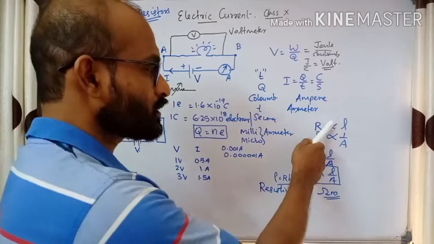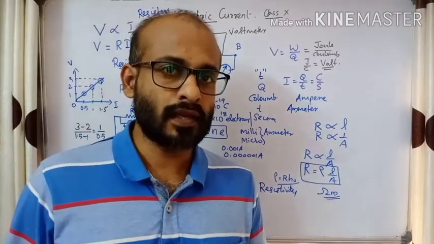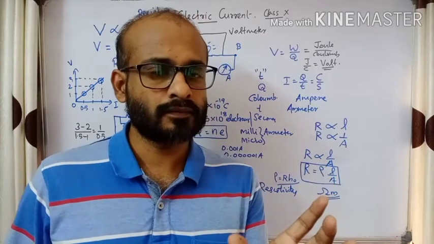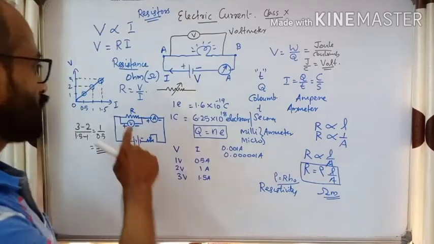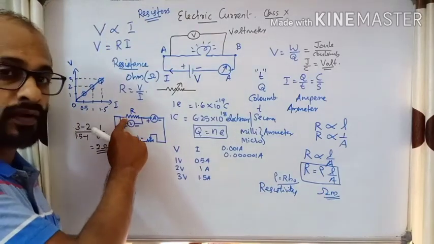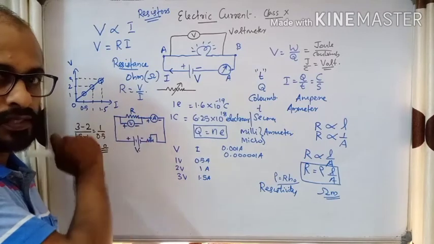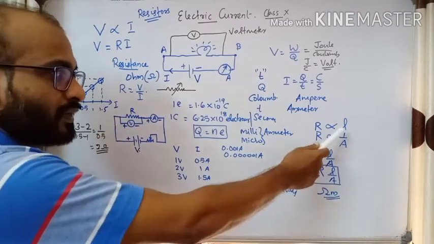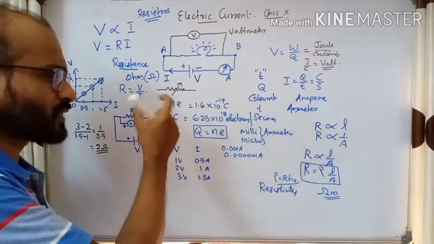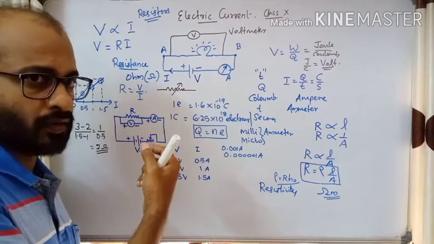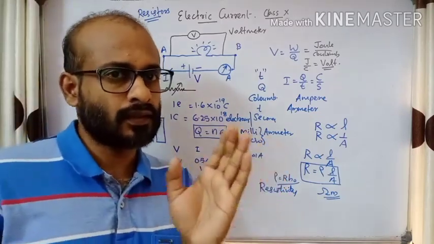How can we conduct this experiment? We take 3 wires of the same material. The first wire has length 1 meter, the second 2 meter, the third 3 meter. Instead of the resistor, we connect these 3 wires separately, then measure the voltage and current, thereby finding the resistance. We will understand that when we increase the length, the resistance increases. For area of cross section, same material, different areas: one thin wire, second slightly thicker, third thicker still.